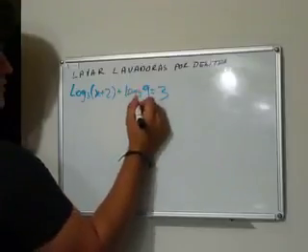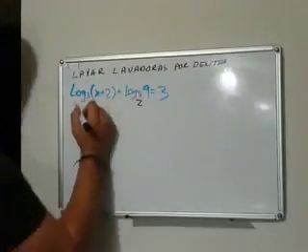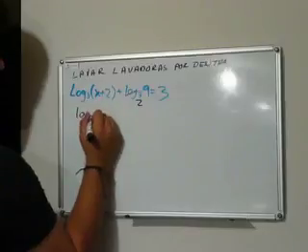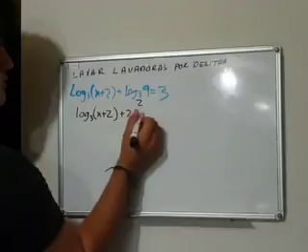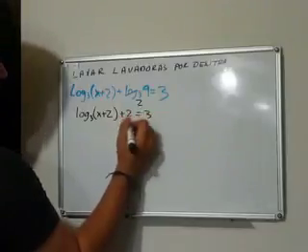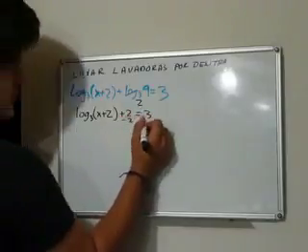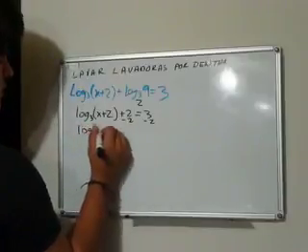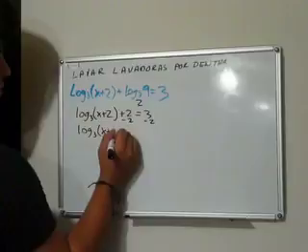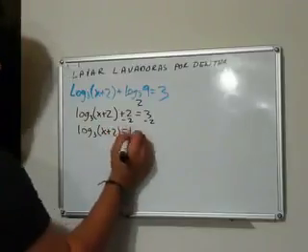I'm going to write log base 3 of (x plus 2), plus 2 equals 3. First we put the 2 on the other side, subtracting 2 from both sides. And so we end up with log base 3 of (x plus 2) equals 1.